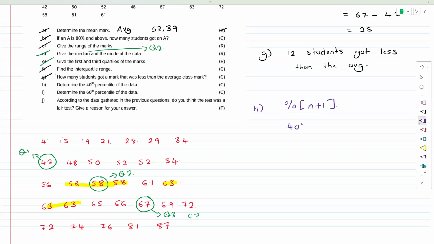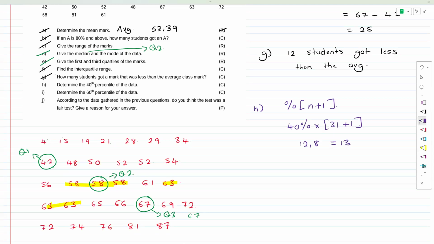So we're going to take 40% multiplied by 31 plus 1. Let me double check that one. So 40% multiplied by 32, and that's 12.8. Guys, please round off properly. 12.8 is 13.